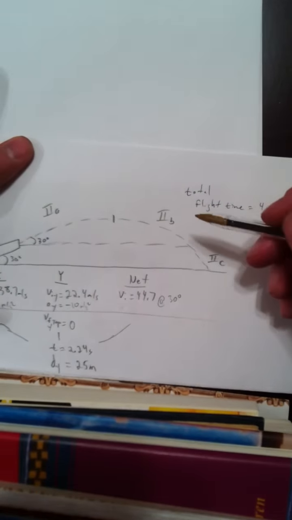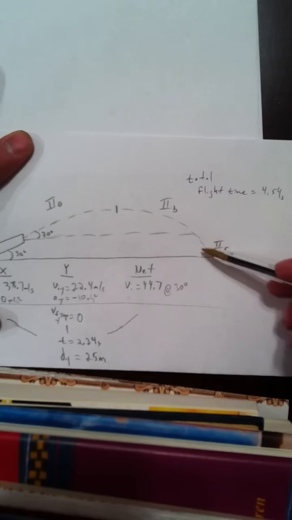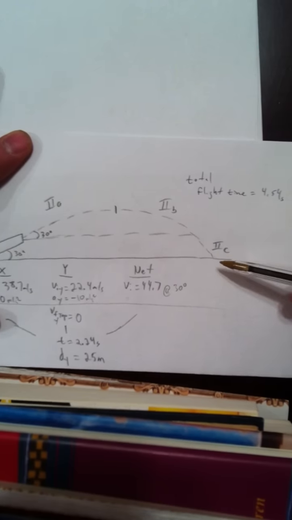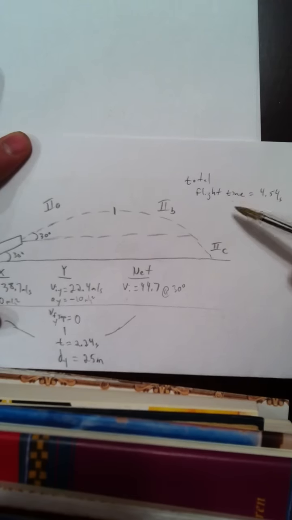So for question Q, to make this question a little bit easier too, I should just tell you this. If you don't remember doing this question in class, I had you figure out the initial velocity here and do this whole entire segment to figure out the final velocity here. It took a lot of time to do that question. So to make our lives easier, I will give you the total time right now.